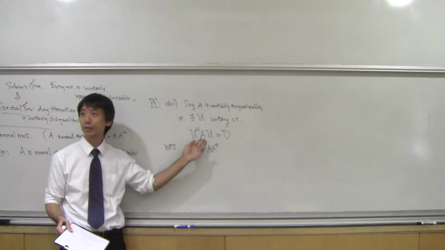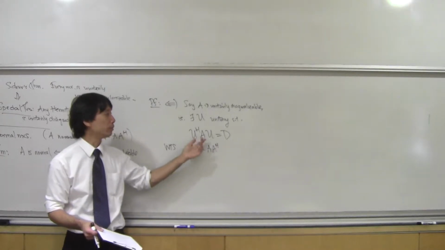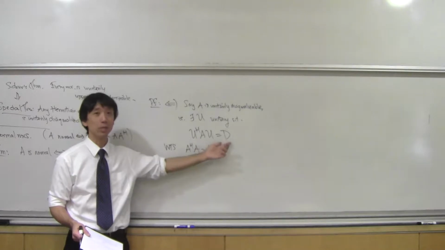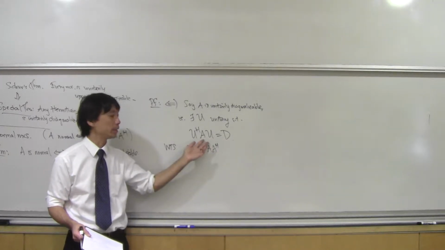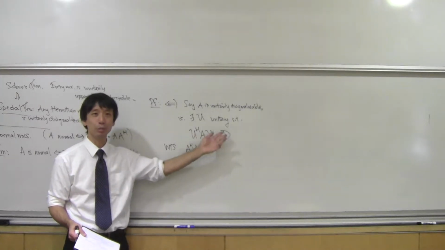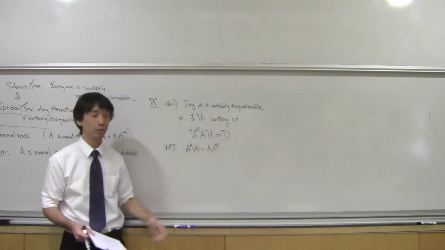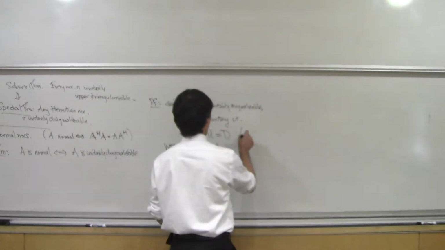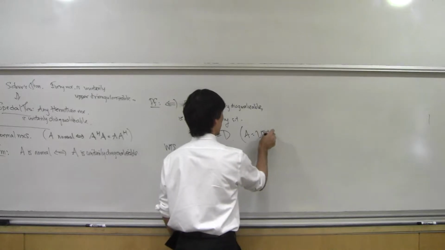We have an expression for A: U^H A U equals D, so A equals U D U^H.